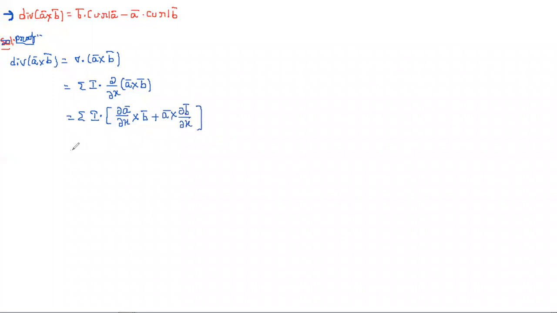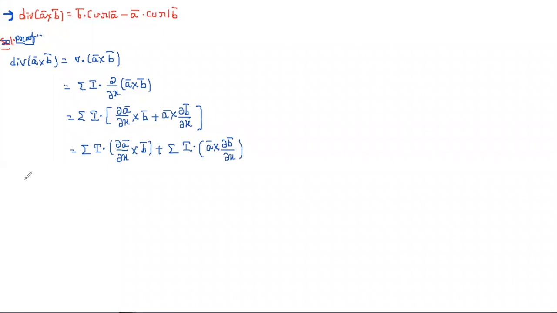So which is equal to, simply you can multiply this instead of that summation i dot dou A bar by dou x cross B bar plus summation i dot A bar cross dou B bar by dou x.